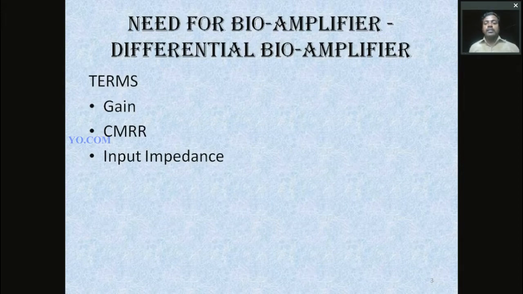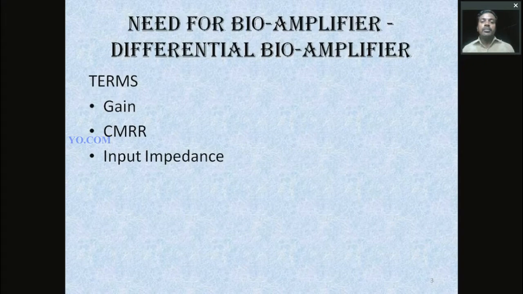The millivolt is increased to volt, so the amplifier gain is 1000. The amplifier amplifies the given input signal 1000 times.